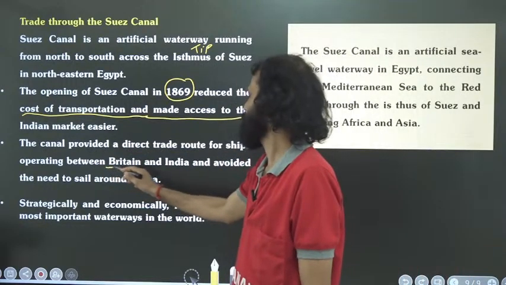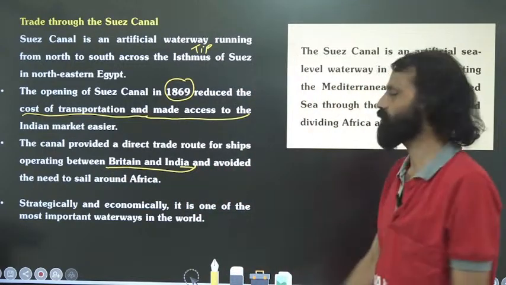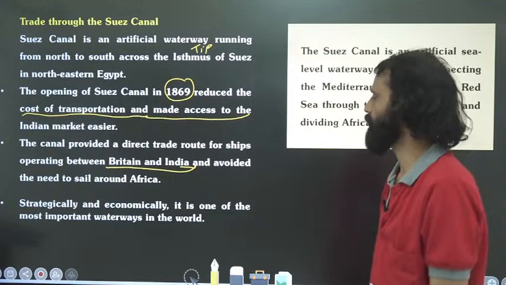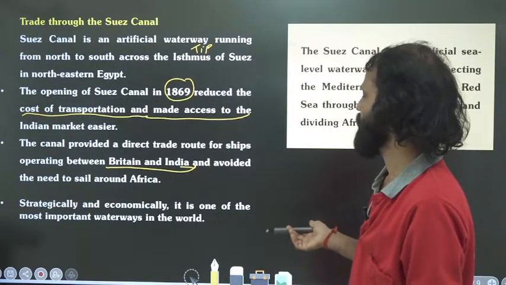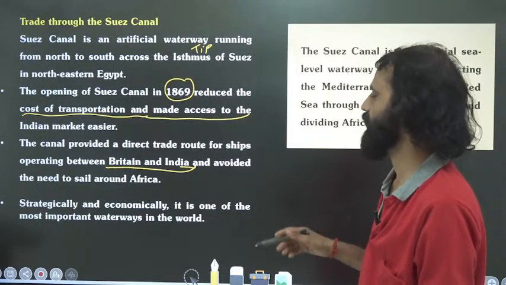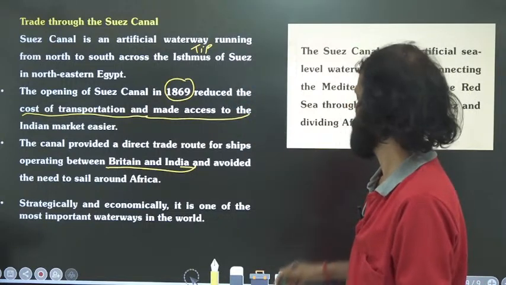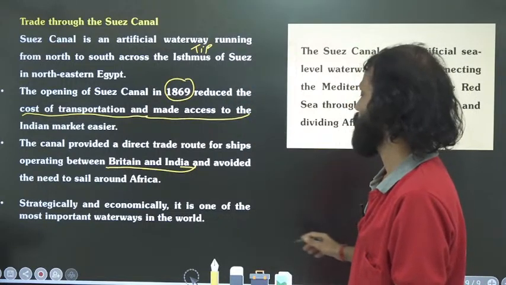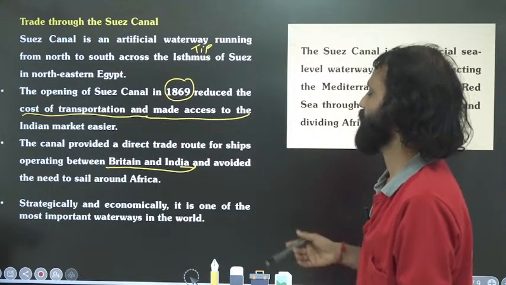So from Britain to India and India to Britain, ships with more goods could easily reach Britain as well as India, and avoided the need to sail around Africa. After the opening of the Suez Canal, the ships need not go around the African continent.